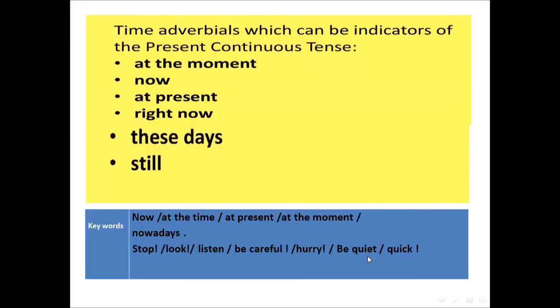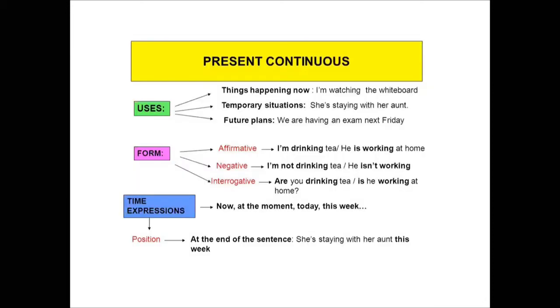Now what are the adverbials of present continuous? We use at the moment, now, at the present, right now, these days, still. And in addition, the imperative forms: look, stop, listen, be careful, hurry, be quiet, and be quick. Okay, these are the adverbials or the indicators or the keywords for the present continuous.